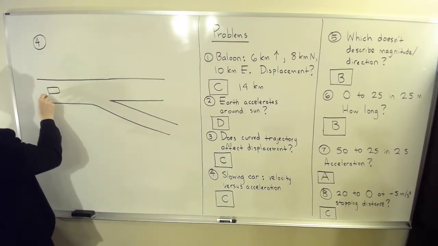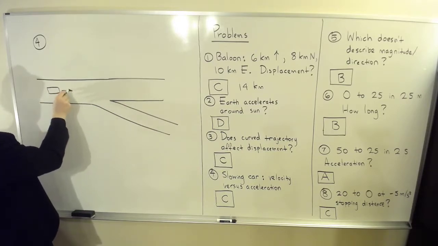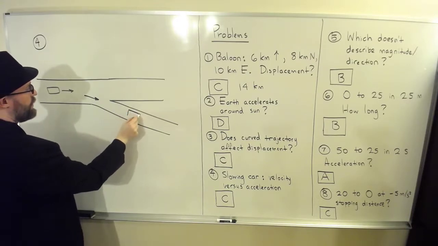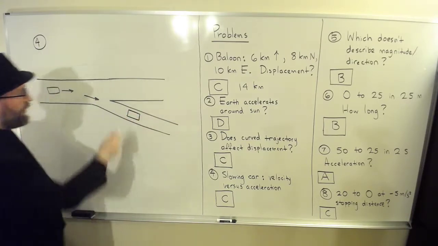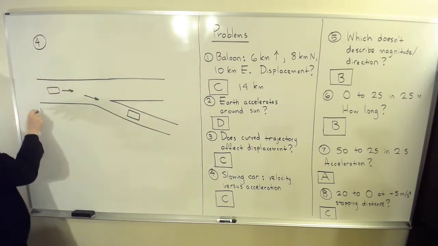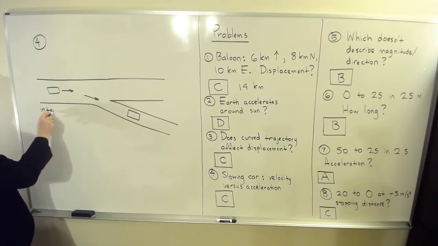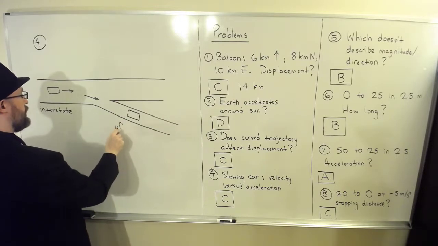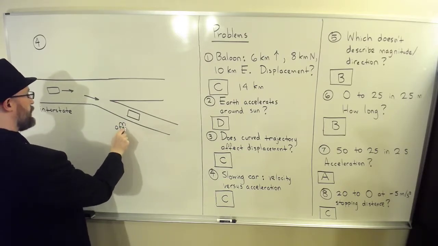How do you draw a car from above? I'll just draw it like this. Your car is moving along, it goes off here. And then your car, of course, is slowing down as it's getting on the off-ramp here. So this is the interstate here, and so this is the off-ramp.